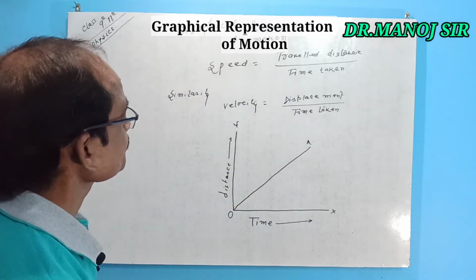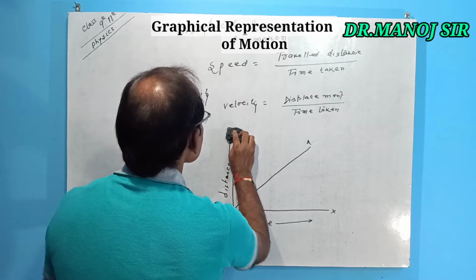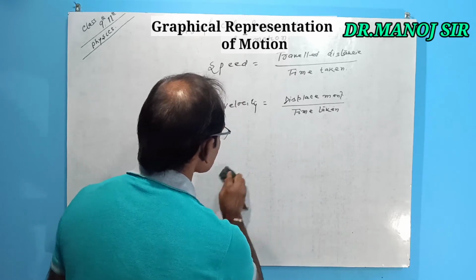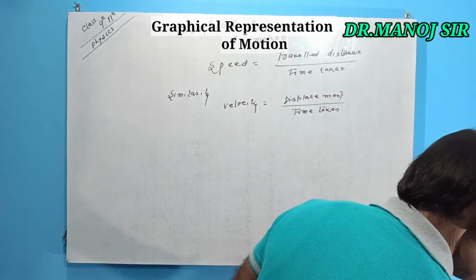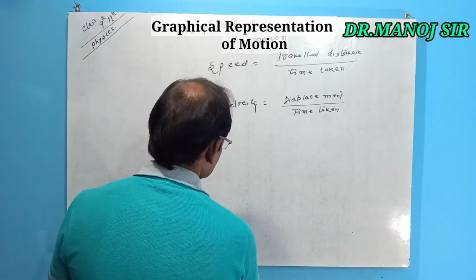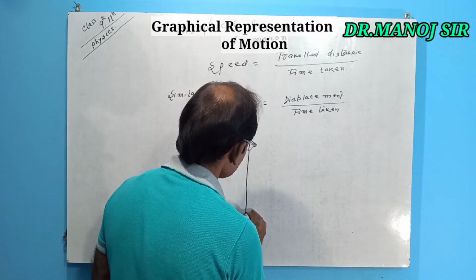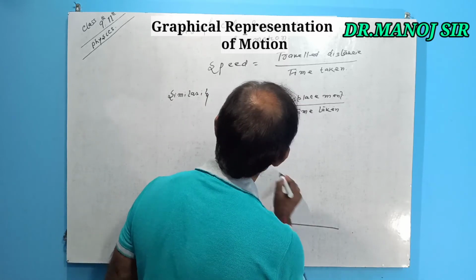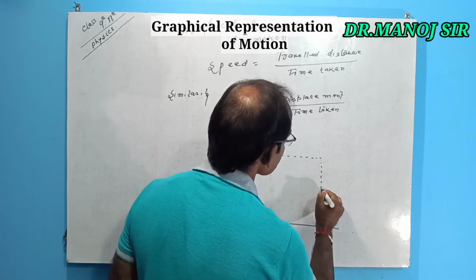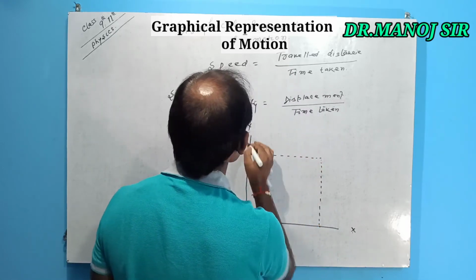Again, for another graphical representation of a body from a certain point in a certain interval of time, we must draw a graph on the x-axis and y-axis.